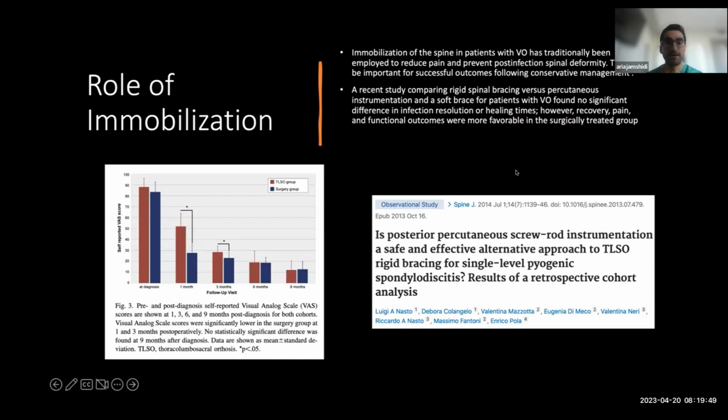This was a study published in the Spine Journal in 2014. They looked at rigid spinal bracing versus percutaneous instrumentation and a soft brace for patients with osteomyelitis. And they actually found no significant difference in infection resolution or healing times comparing these two patient groups.